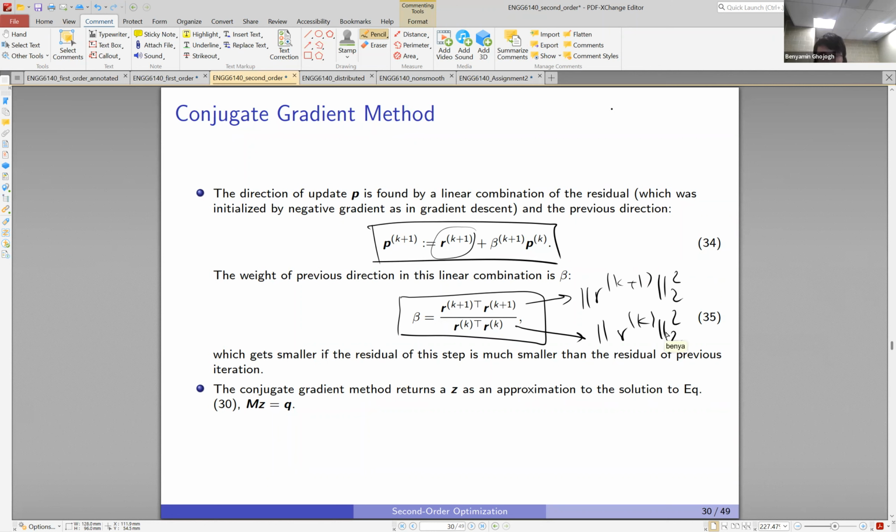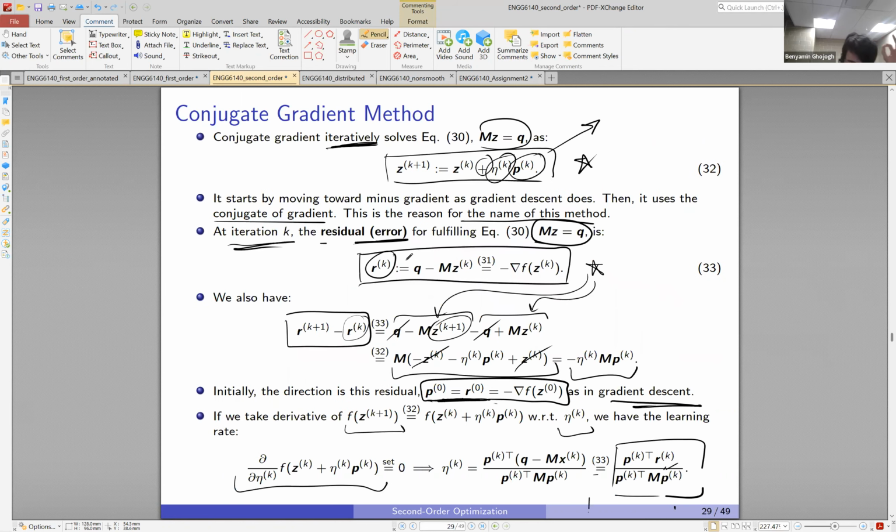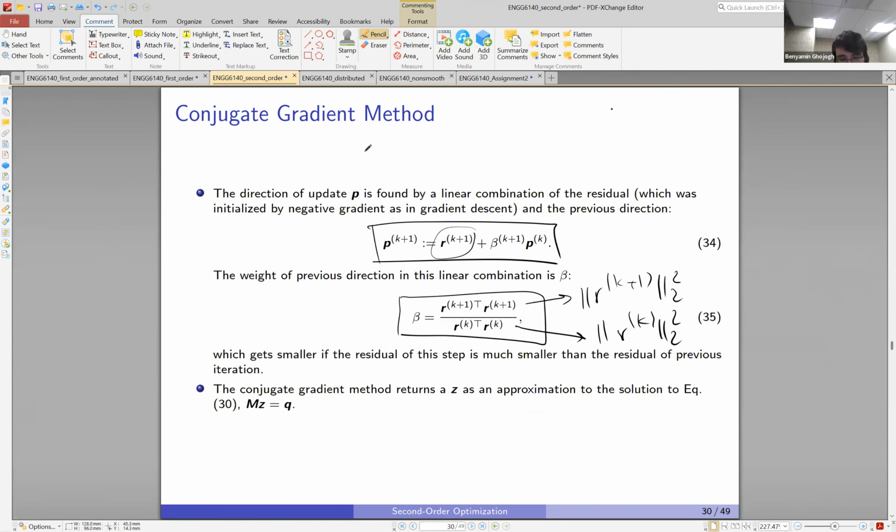So when r becomes 0, this becomes 0, this also becomes 0, then the update is 0. So it means that the residue has become 0, the approximation of Mz equals q is exact, and you don't need to update anymore. So you have found the good set here. You have found the best set. Okay. So it's solving for z iteratively.